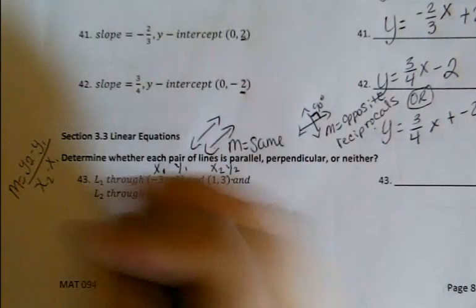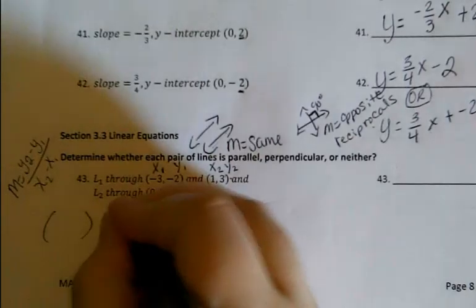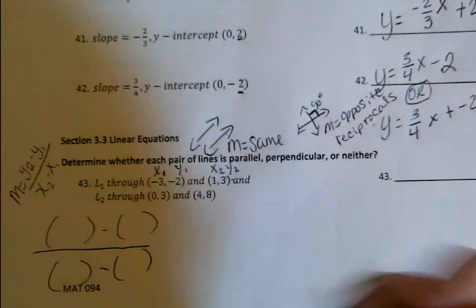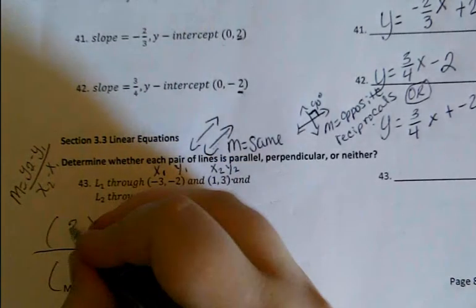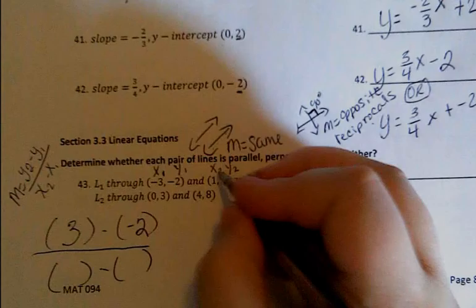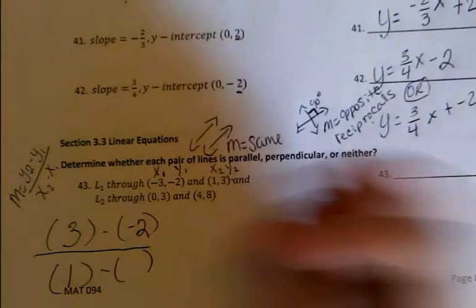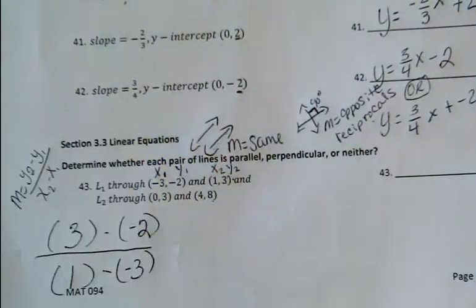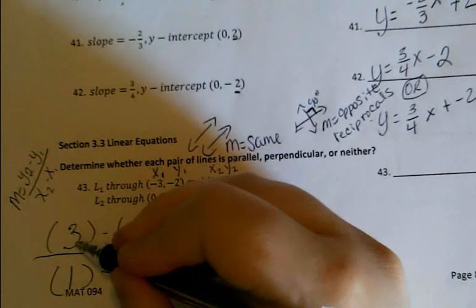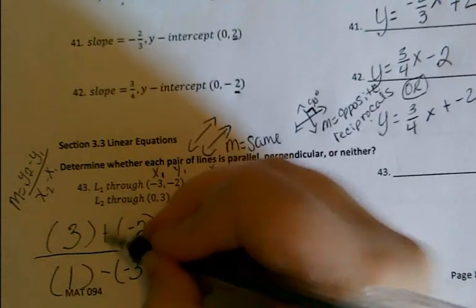So I have my setup here for that formula that I taught you how to do. So y2 is 3, y1 is -2, x2 is 1, x1 is -3. So now I have 3 minus -2, which is keep, change, opposite.